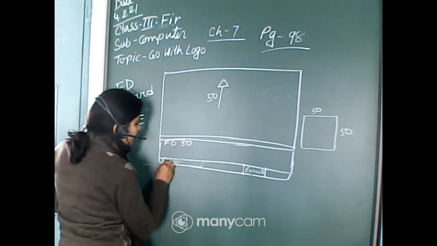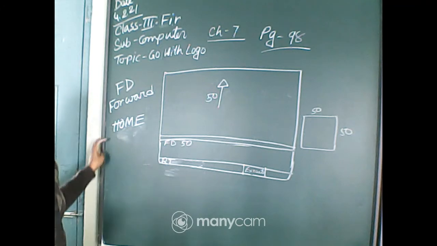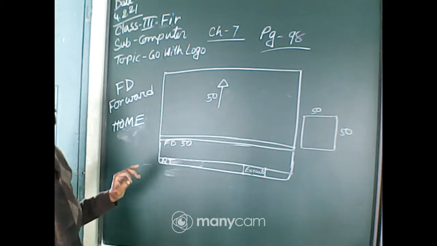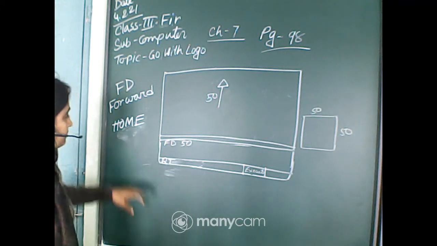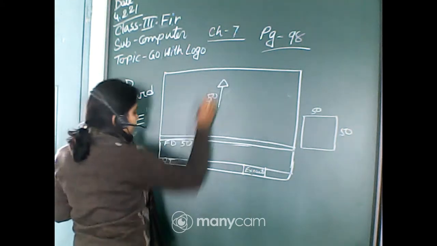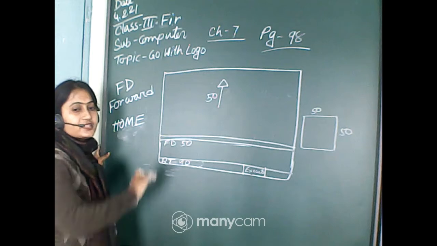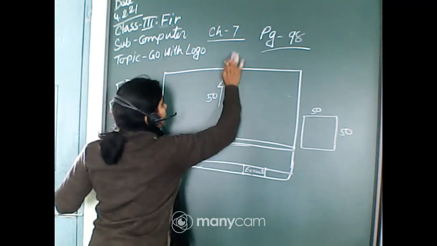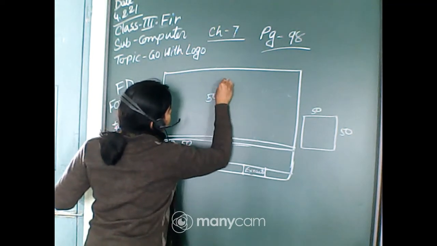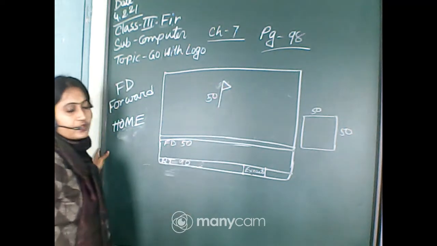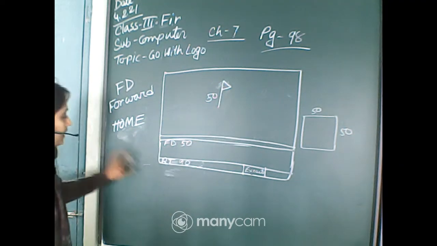Now RT means right. Next class I will discuss back command, RT command. If you apply RT and then 90, RT means right. So the turtle will make a right turn of 90.